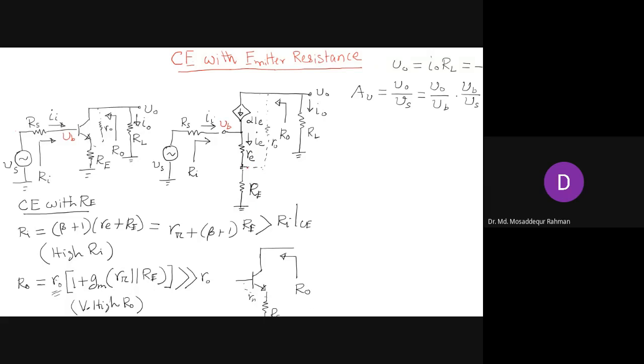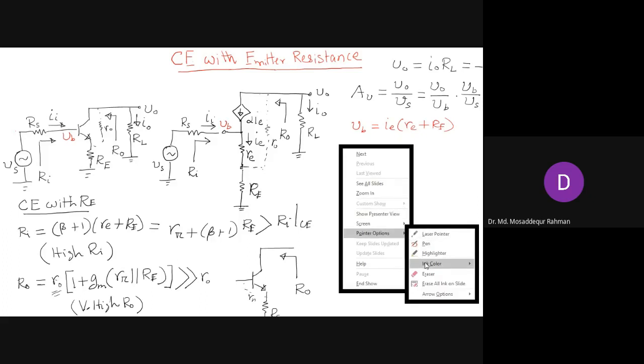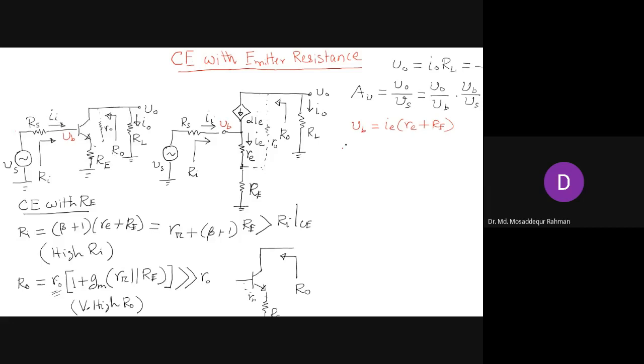We know the resistance and the current, so we can easily write the expression for VB, which is the current IE times the resistance, small re plus capital RE. So for the first gain factor V0 by VB, we have a minus sign here: minus alpha IE RL, divided by IE times (re plus RE). So IE will cancel out, and we'll be left with minus alpha RL over this.